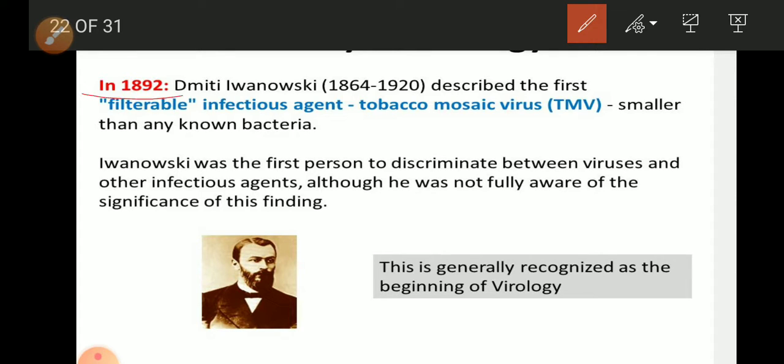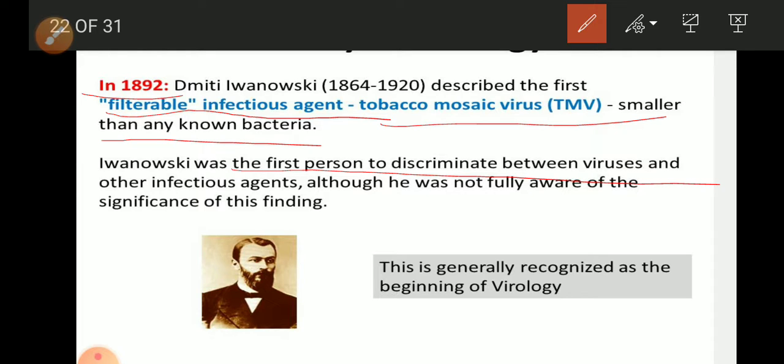In 1892, Dimitri Ivanovsky described that the filterable infectious agent in tobacco mosaic disease, the virus, is smaller than any known bacteria. He was the first person who discriminated between viruses and other infectious agents like bacteria.